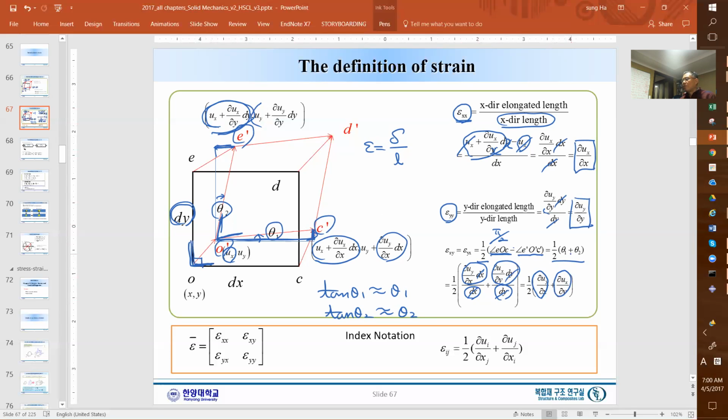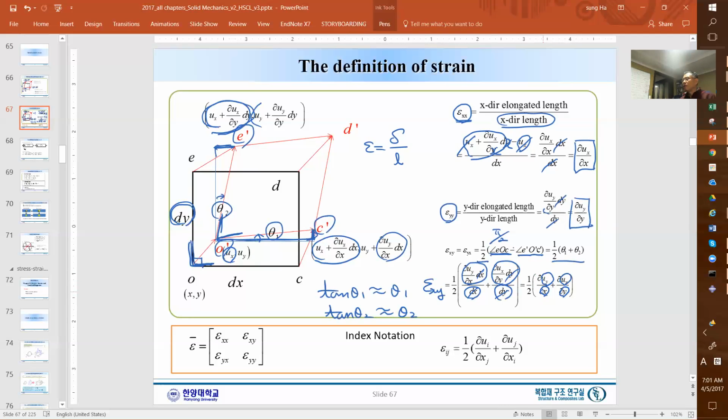Okay, so this epsilon xy by definition is the same as epsilon yx. They are the same, and pay attention here: the y directional displacement derivative with respect to x, and the x directional displacement derivative with respect to y.